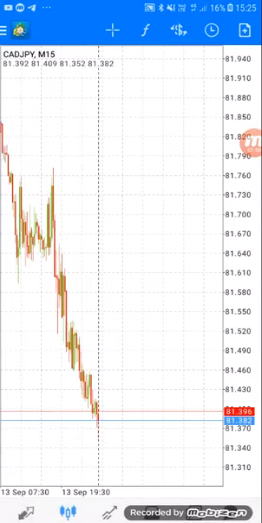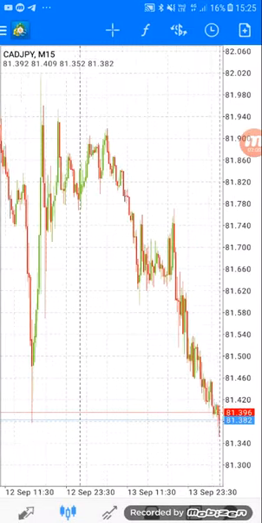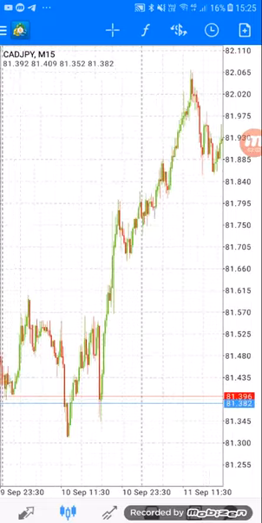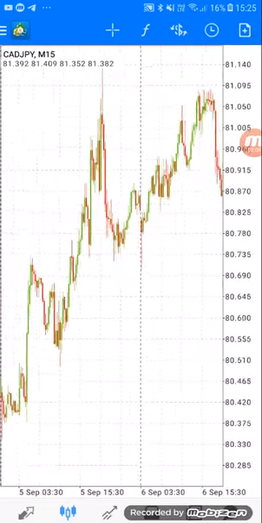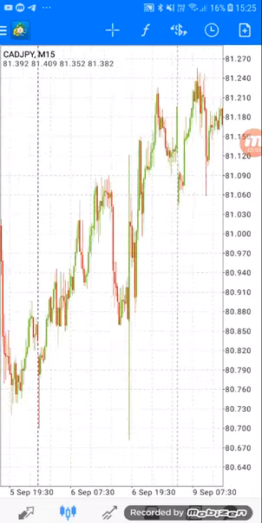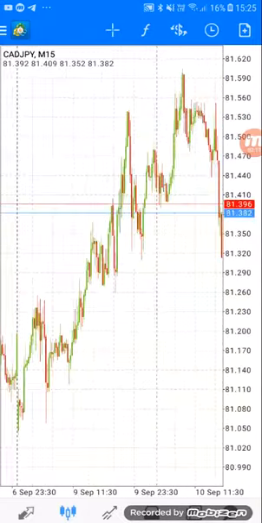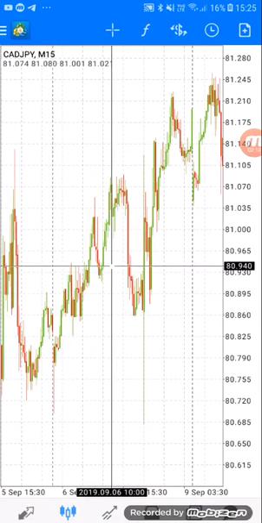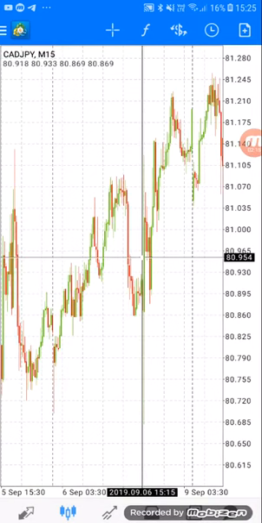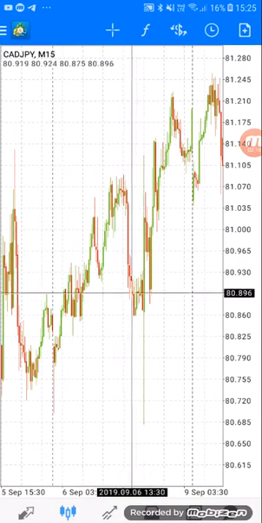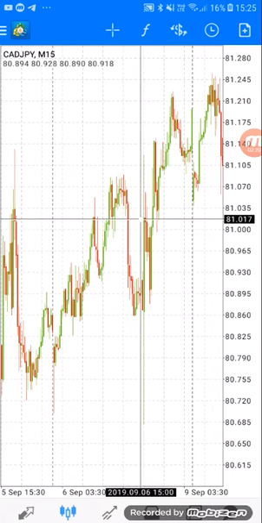On CAD JPY, I remember it rejected. It was last week Friday, meaning that it will be somewhere here. But then if you can check, the candle ended green and that side the candle ended red.